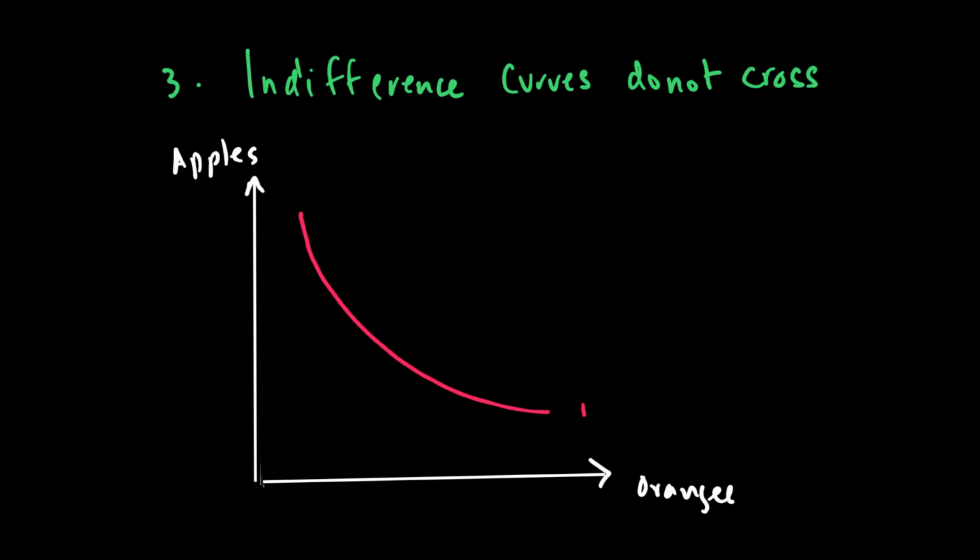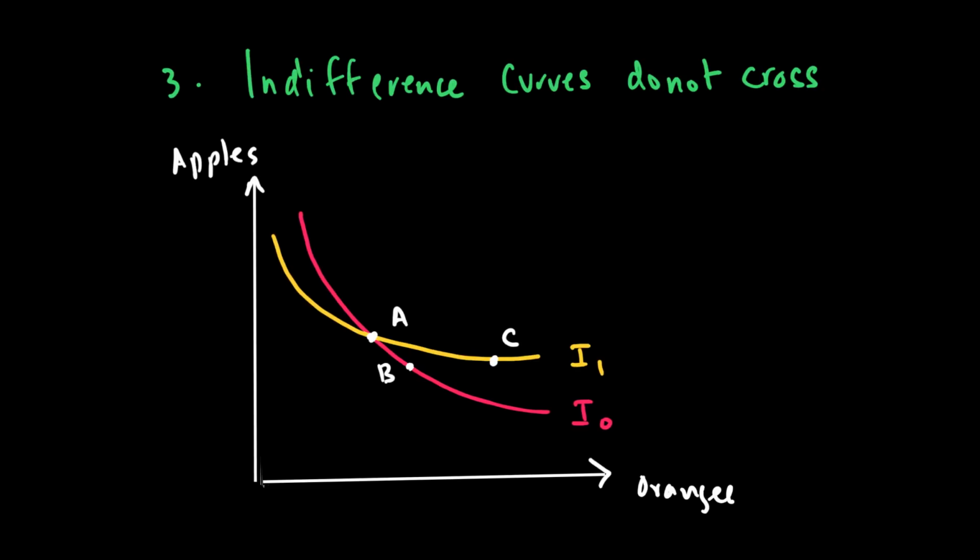So let's say this is I0, and there is another indifference curve, I1. Okay, and let's look at three combinations: combination A, combination B versus combination C.